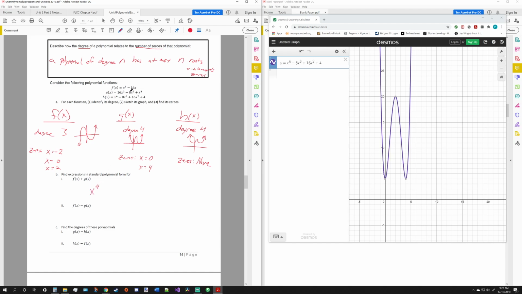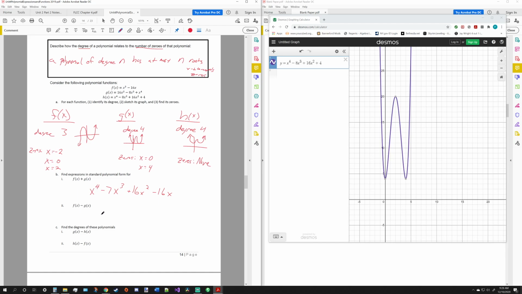And then x cubes, I have negative 8x cubed and a positive x cubed. That would be negative 7x cubed. Squared, the only one is a positive 16x squared. And then minus 16x. And that's it. So there's our expression. That's what we should have gotten when we added those together.